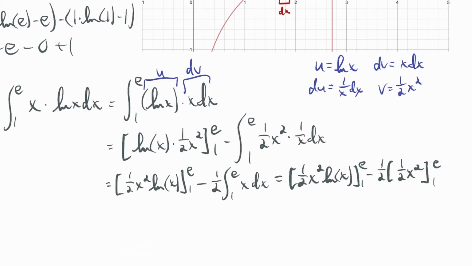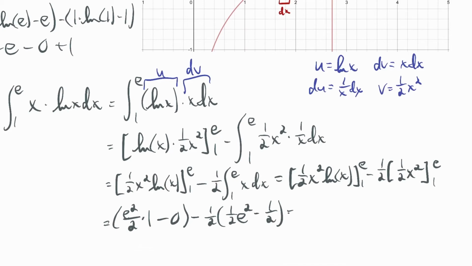Okay, so we're going to have e squared over 2 times ln of e, which is 1. That's from evaluating this at e, minus 0. It's from evaluating this at 1. So ln of 1 is 0. Minus 1/2 times 1/2 e squared minus 1/2.